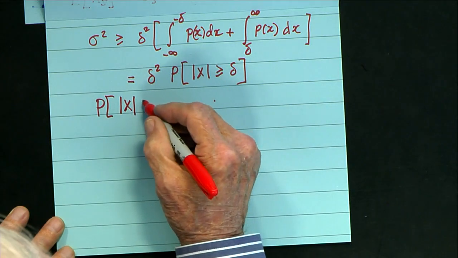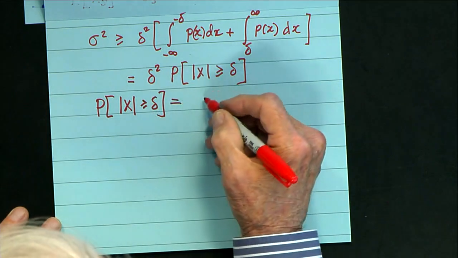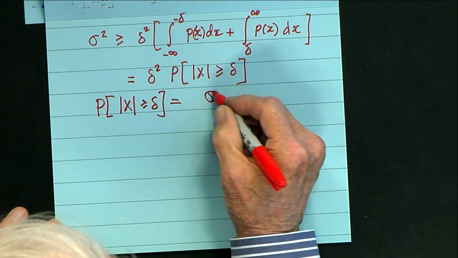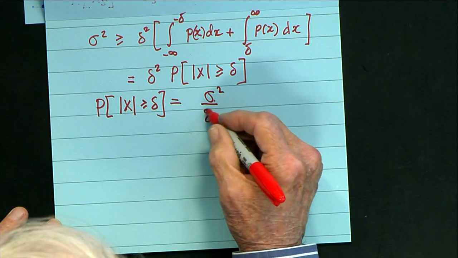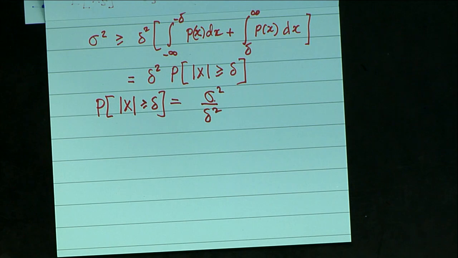The probability that x is greater than delta is less than or equal to sigma squared over delta squared. So if delta is 1 sigma, then it says the probability is less than 1.